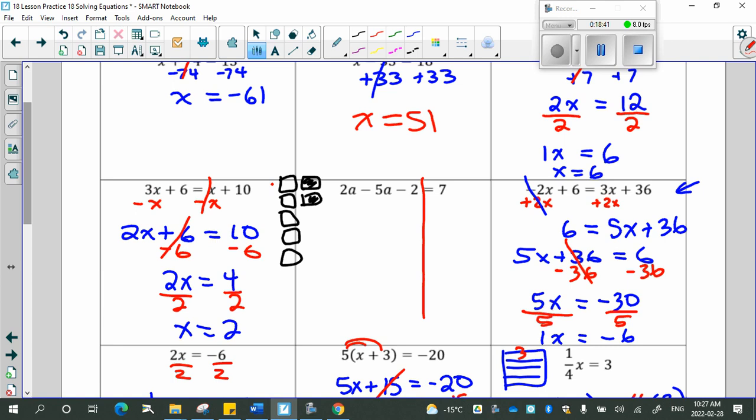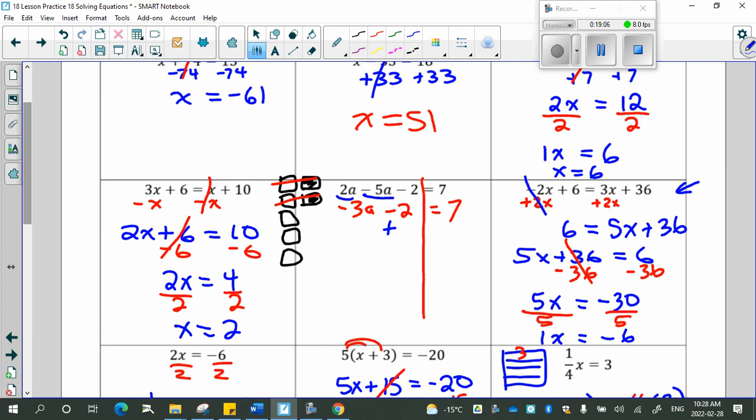So that's 2 zero pairs right there, and you've got negative 3 a's left on this side, or when you collect like terms, I heard a lot of tutors say, on the same side, 2a minus 5a is negative 3a. So all I did was combine them. Then I had minus 2 still on this side, equals 7.